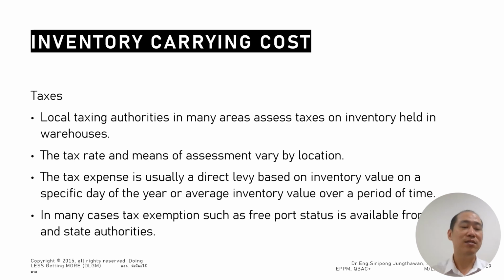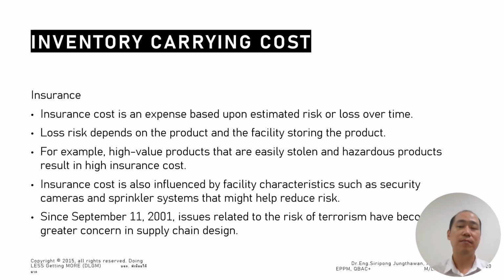The tax expense is usually a direct levy based on inventory value on a specific day of the year, or average inventory value over a period of time. In many cases, tax exemptions such as free postage are available from the state authorities. You have to wait for the official office to check your items.